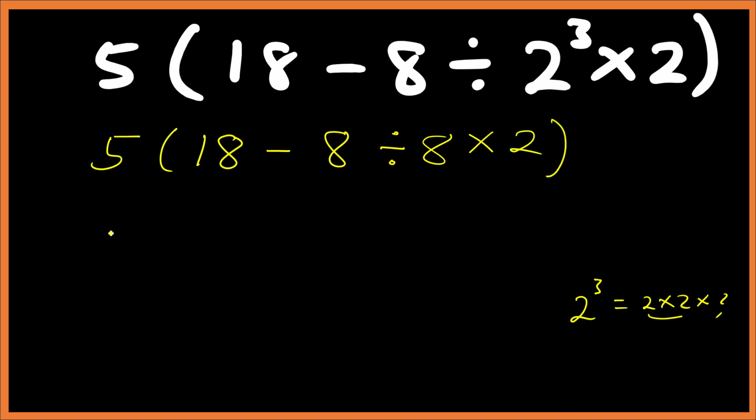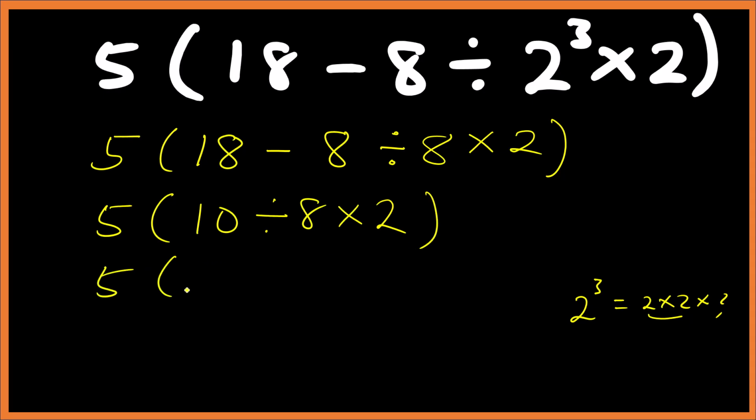Okay, so the next thing is to subtract this. We have 10 here divided by 8 times 2. So let's divide this. We have 10 on 8. Now let's multiply it by 2 times 2.